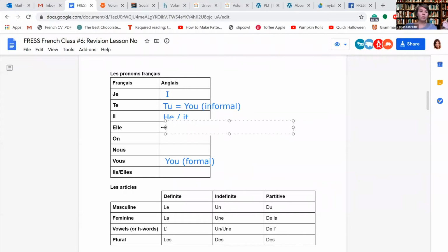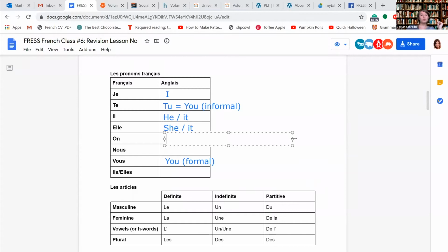So elle, does anybody have an idea of what elle might be then? She. Yeah, exactly. And also it as well. Similarly with il, elle is just the feminine version for objects as well. We then have on.